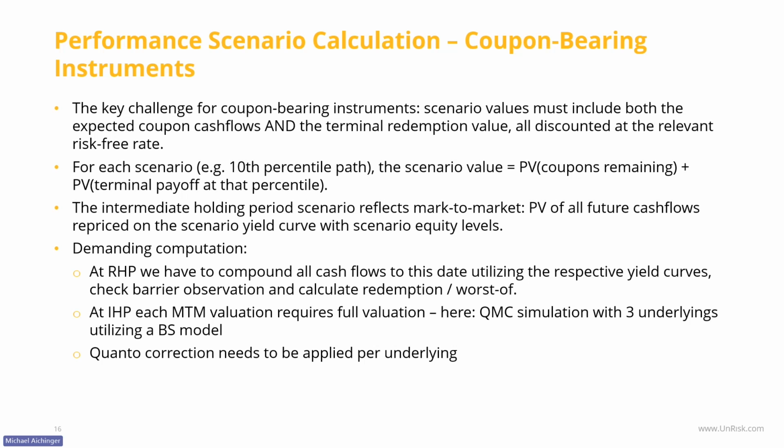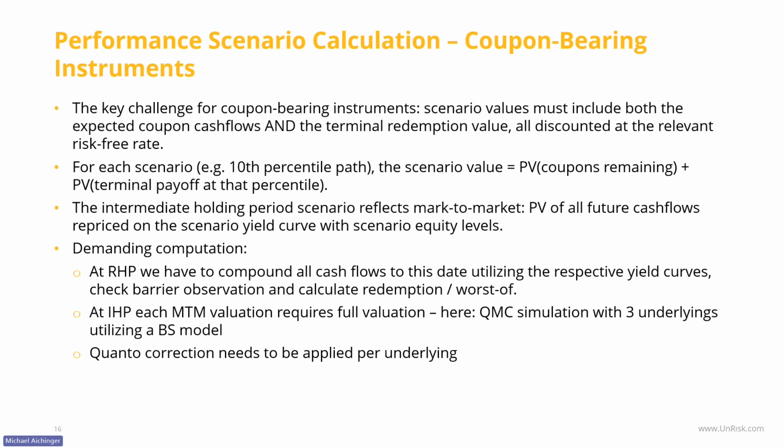For each scenario, the scenario value is the present value of the coupons remaining plus the present value of the terminal cash flows, plus all the cash flows that need to be compounded up to this value. And it's a demanding computation because at each intermediate holding period, each mark-to-market valuation requires a full valuation.